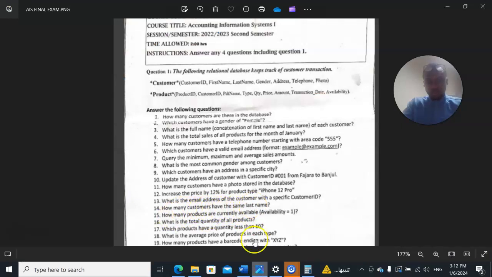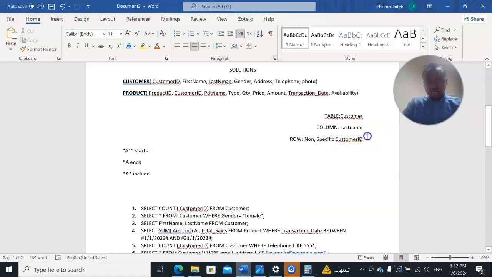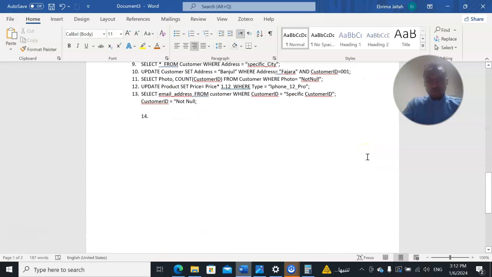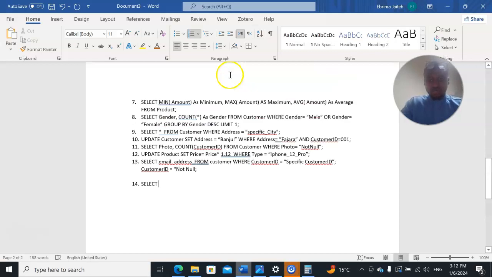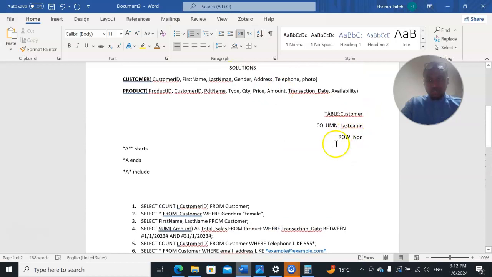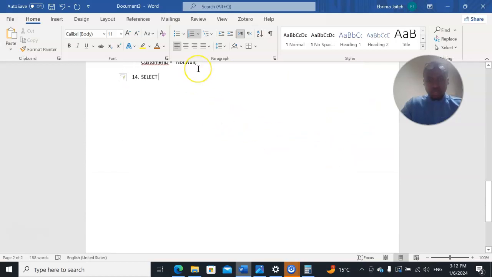So it means the same last name. Did they give us any last name? No, they didn't give us any last name, so here is also none. So we are going to write our SQL query. Select last name, comma, count.